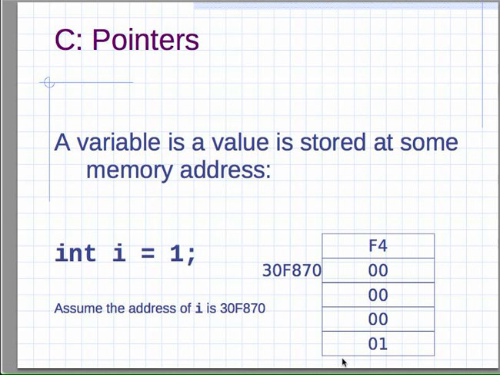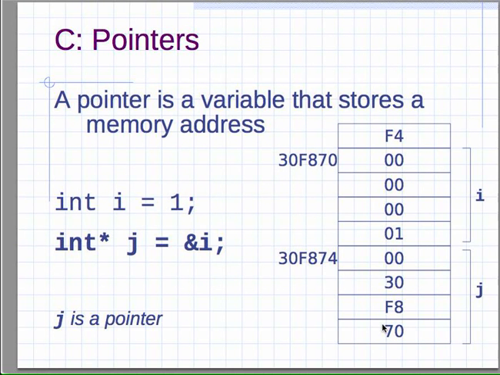So 4 bytes for an int. The 3 most significant bytes in this case happen to all be 0, and the last byte has the 1. So if you go beyond 256, 256 is what 1 byte can hold, then you will see these other bytes change in value from 0 to something else.